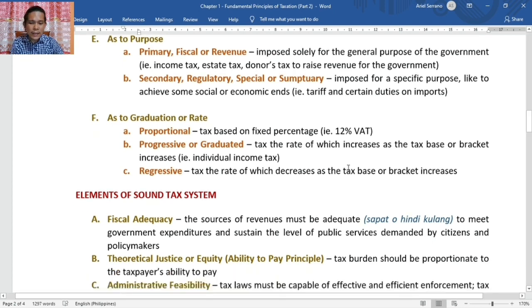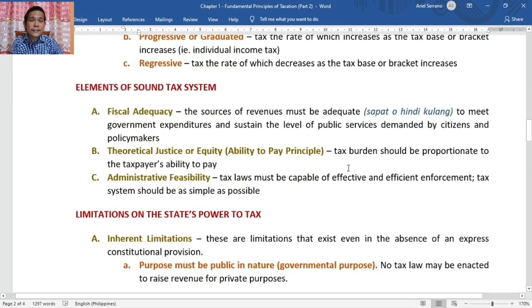Now, pag-usapan naman natin ngayon yung elements of sound tax system. Kasi meron tayong tinatawag na fiscal adequacy, yung theoretical justice or equity. Nabanggit ko na rin ito sa chapter 1, part 1, yung ability to pay principle. At saka yung pangatlo, yung administrative feasibility. Pagdating sa fiscal adequacy, ang sinasabi kasi dito, yung sources ng buwis ay dapat sapat.